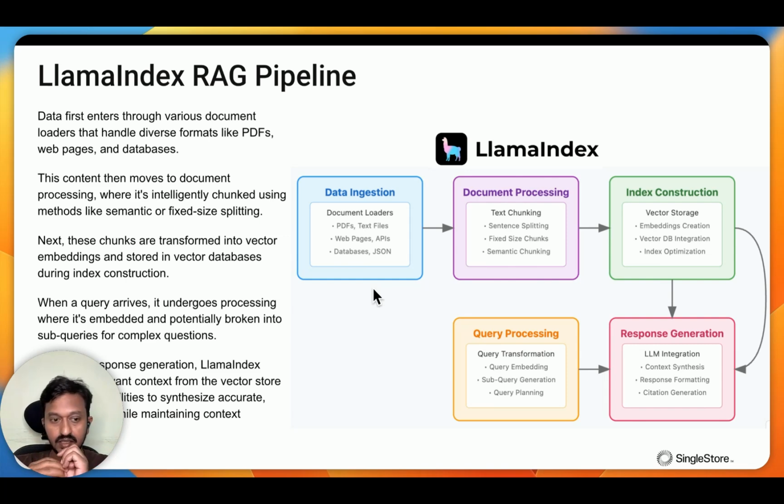These vector embeddings are stored in a vector store or vector database, whatever you call it. When a user query arrives, it is embedded and potentially broken into sub-queries for complex questions. Finally, in response generation, LlamaIndex combines the relevant context from the vector store with the LLM's capabilities. Vector search comes in to find the relevant chunks, and it goes through an LLM model at the end to formulate the answer and respond back to the user.